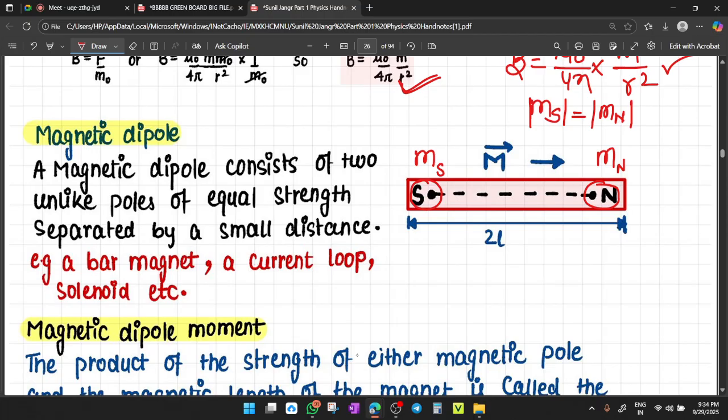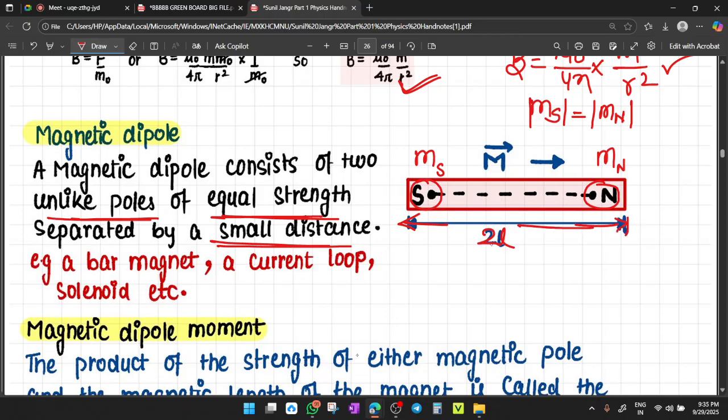So that's why we say if we keep equal and opposite poles having the same pole strength very near to each other, or you can say separated by a very small distance, then this arrangement is called a magnetic dipole. A magnetic dipole consists of two unlike poles of equal strength separated by a small distance. This small distance is called effective length or magnetic length.